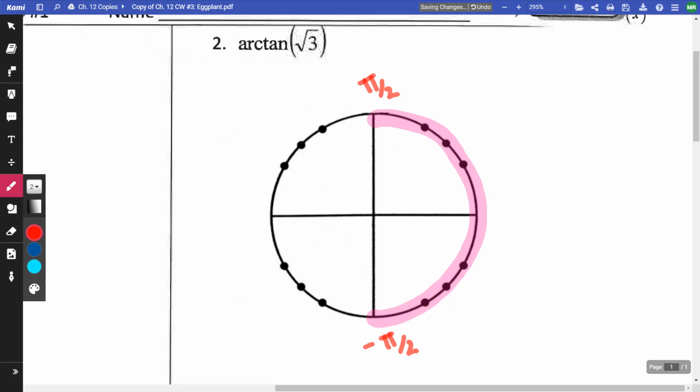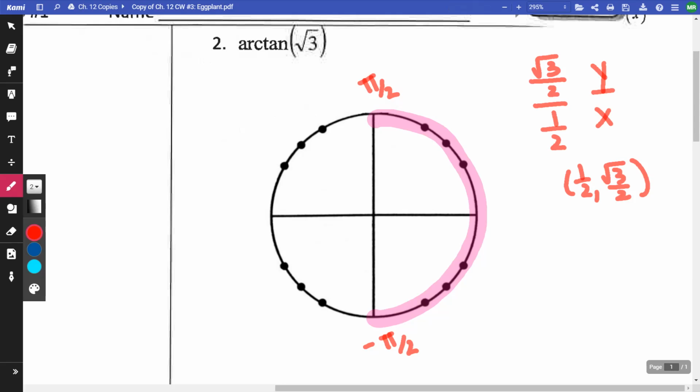So when I want my tangent to be a value of root 3, I am trying to find root 3 halves divided by 1/2. Remember, this is y over x. So I really am looking for the point 1/2 comma root 3 halves. And that point is going to be right here at pi thirds.